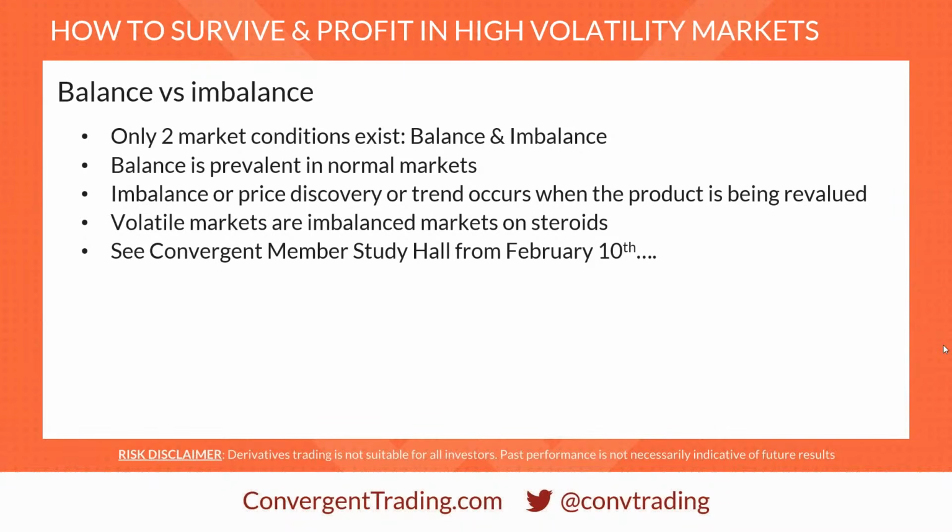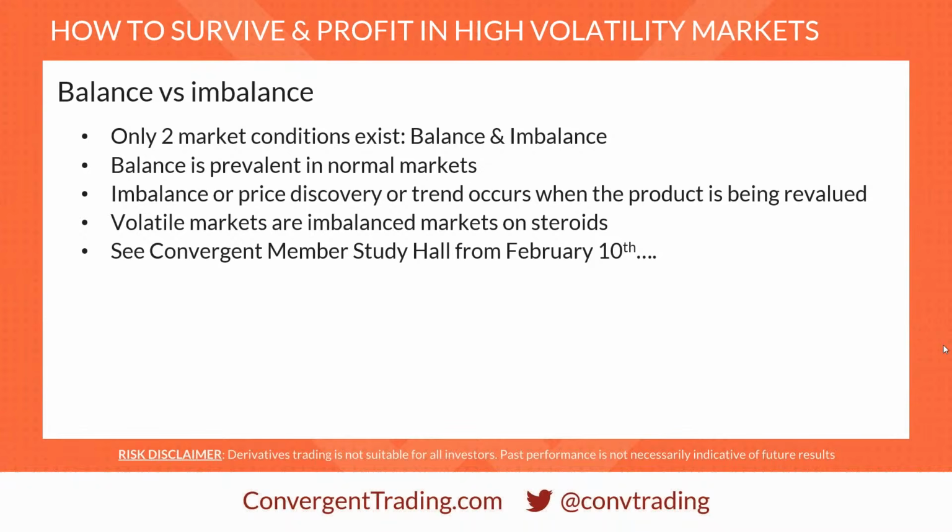The next thing we want to talk about is just to bring it back to balance versus imbalance. Okay, so for those of you who are not familiar, there are only 2 market conditions that exist: balance and imbalance. That's it. It's either priced in and found its sweet spot and it's going sideways, or it's repricing and it's trending.